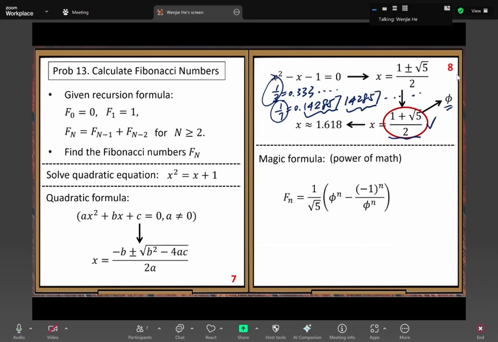Inside the big parentheses, the first term is phi to the nth power, the second one is negative 1 to the nth over phi to the nth. At the beginning, it is not easy to understand why we can connect Fibonacci numbers to this formula. We know Fibonacci numbers are all integers.